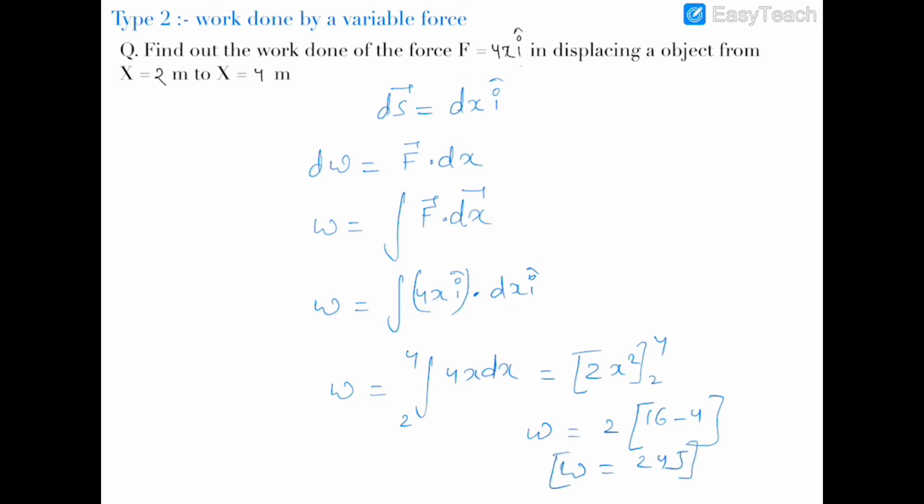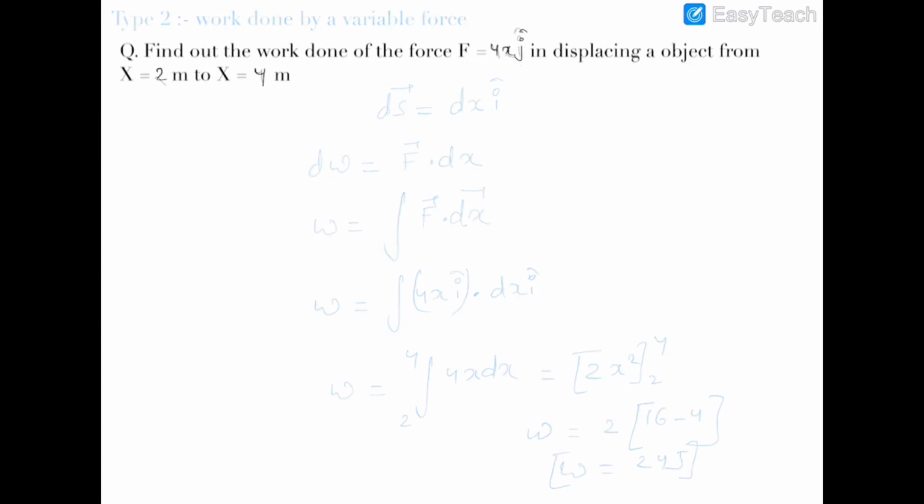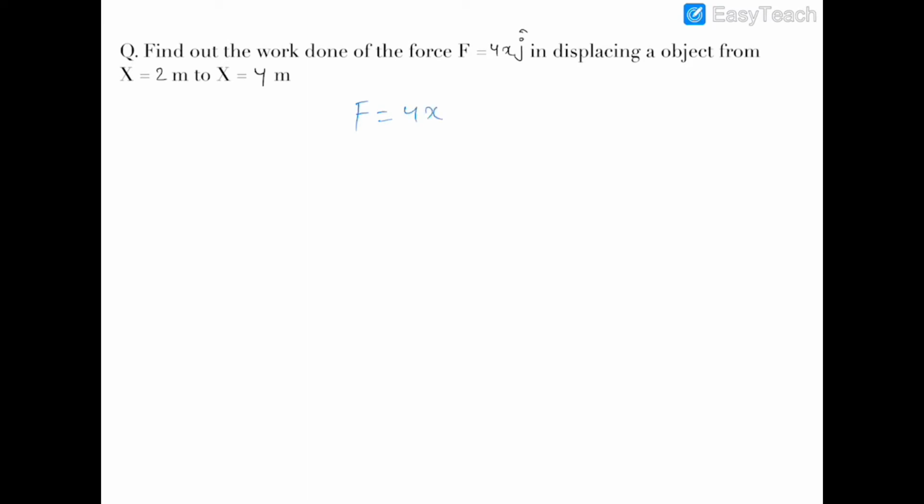Okay, now we move on to the next question. Now in this question, the force which is given to us is F is equal to 4x j cap. So it is very important to note that this force is a variable force and it is depending on the x coordinate, but the direction of this force is in the y-axis, towards the y-axis.